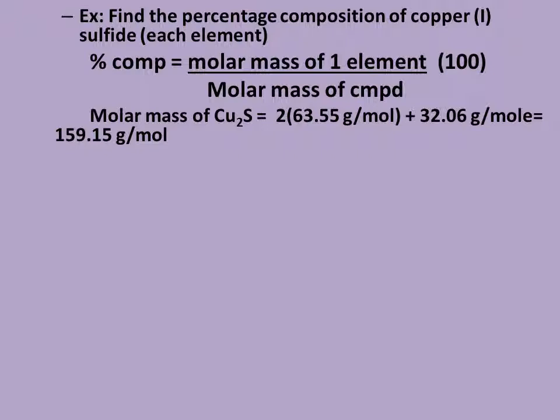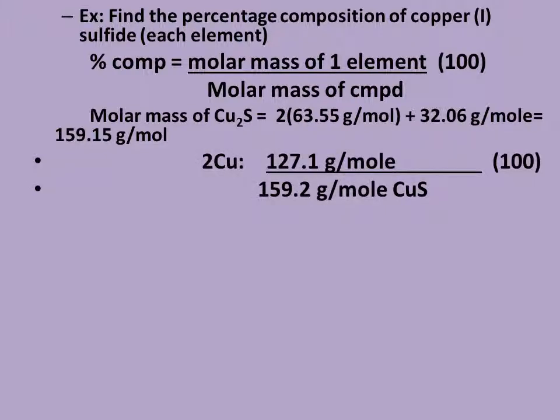Plus the mass of sulfur is 32.06 grams per mole. So the total for the compound is 159.15 grams per mole. All I did is look at the periodic table, and there's 2 coppers, so I took 2 times 63.55 grams per mole, and 1 sulfur whose mass is 32.06 grams per mole. Adding them up is 159.15.